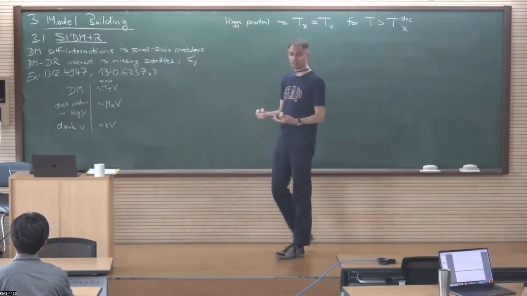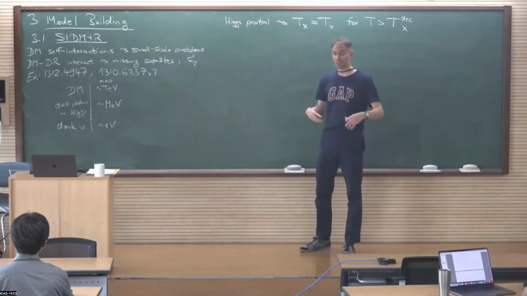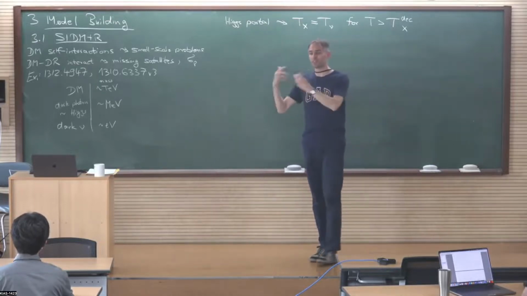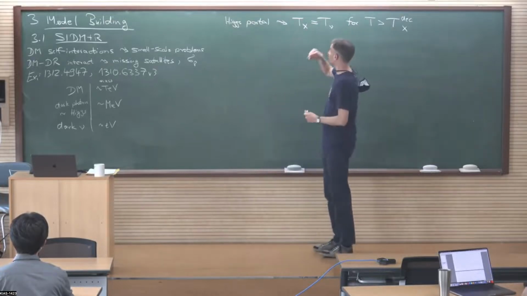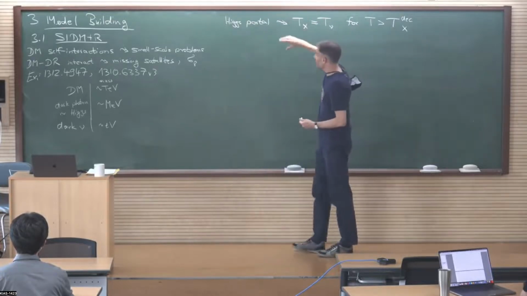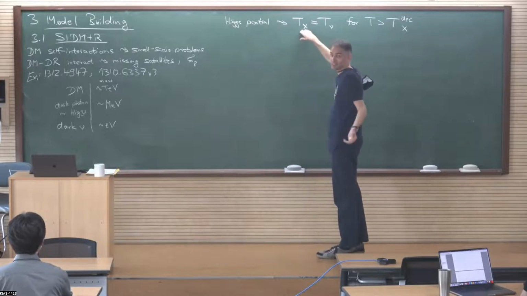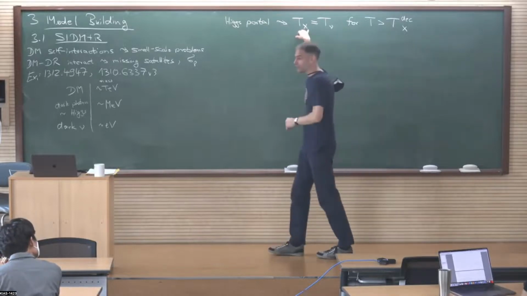There's plenty of particles in the Standard Model that go non-relativistic and heat the photons. So the Standard Model thermal bath is heated, the dark bath isn't, and therefore this T_x here is simply smaller than the neutrino temperature.